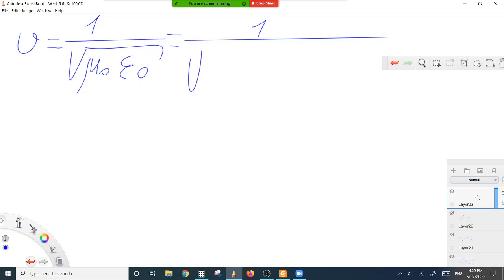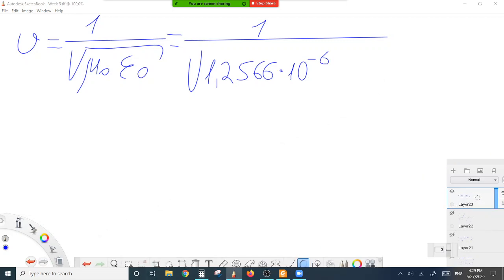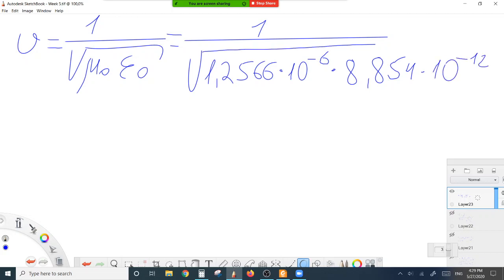So, mu 0, the permeability of empty space, is 1.2566 multiplied by 10 to the minus 6. And the electric permittivity of empty space, epsilon 0, is 8.854 times 10 to the power of minus 12.